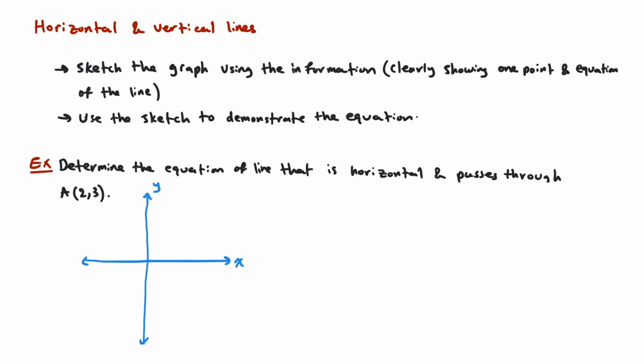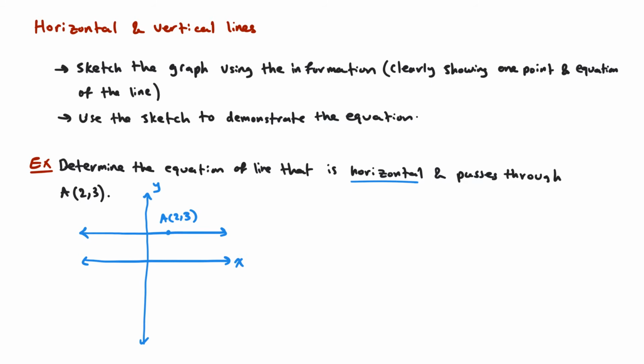The line is horizontal and it passes through point 2, 3. So I will approximately show the location 2, 3 here. So this is point A, 2, 3. And the other set of information is that the line is horizontal. So I know that my line will be horizontal like this.